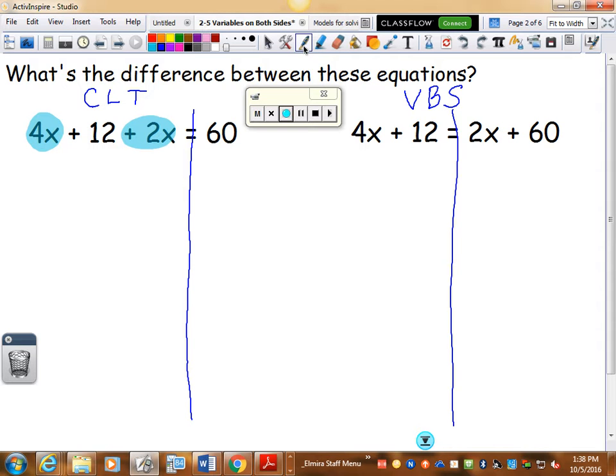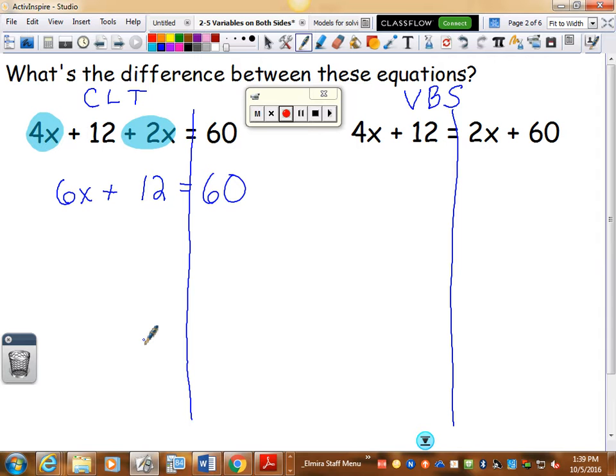They are allies then, and if you're allies, you would combine your forces to be even stronger. 6x would be combining the like terms, and then our civilians, plus 12 and equals 60, would just come down. I can stop thinking about battles for this problem because I see that's a basic two-step, and I know how to solve a basic two-step, and so do you.